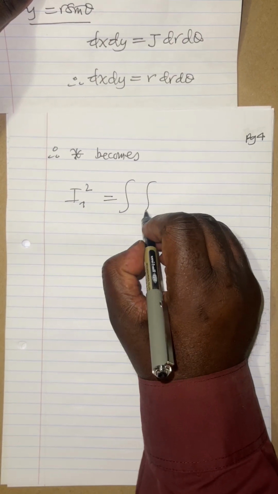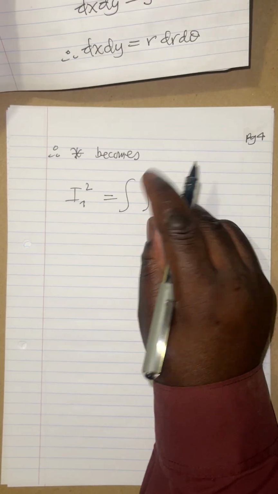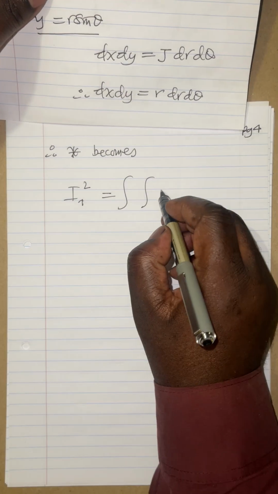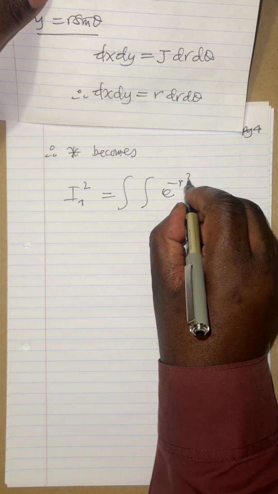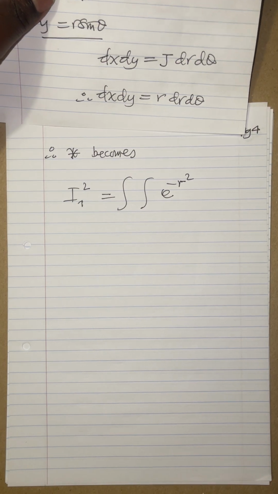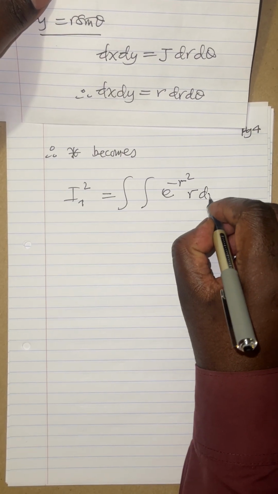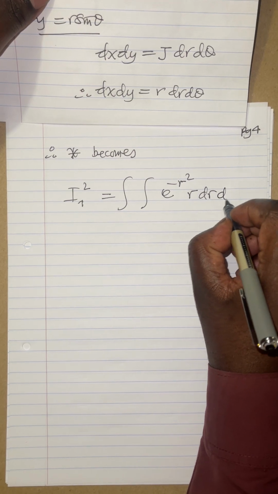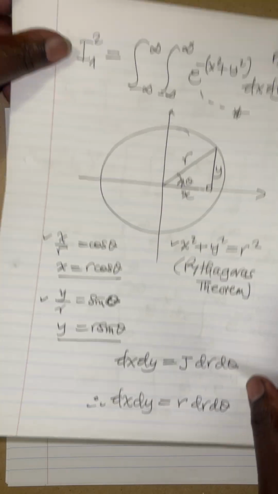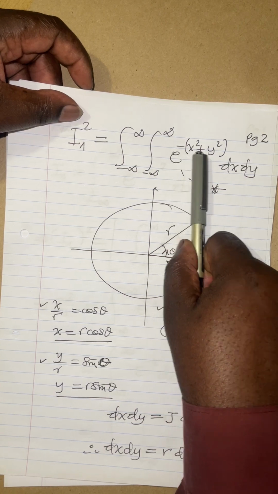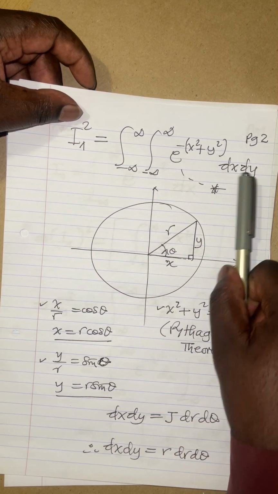Let me keep the limits off; I will indicate the limits shortly. And then I have e to the minus r squared, and then we have dr d theta, like I told you. So now these two have been replaced. This is e to the power minus r squared, r dr d theta.